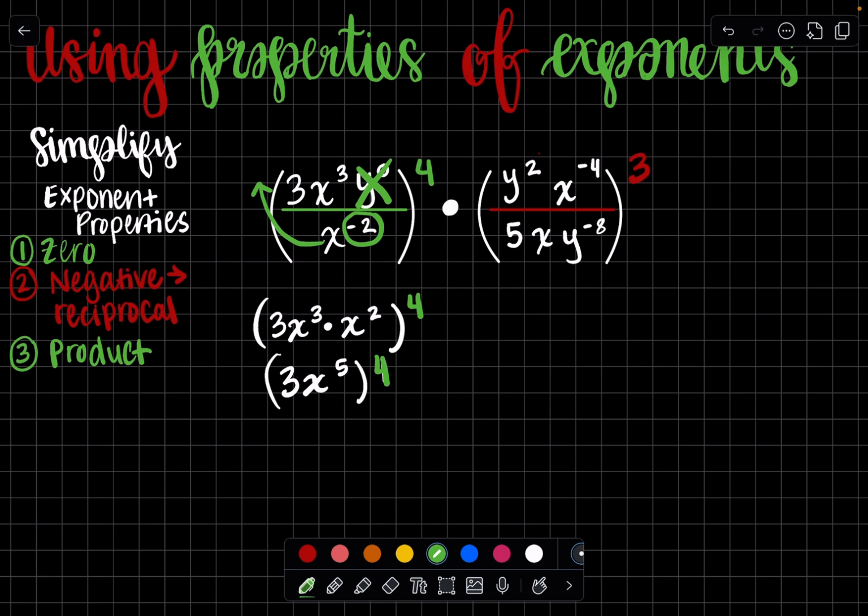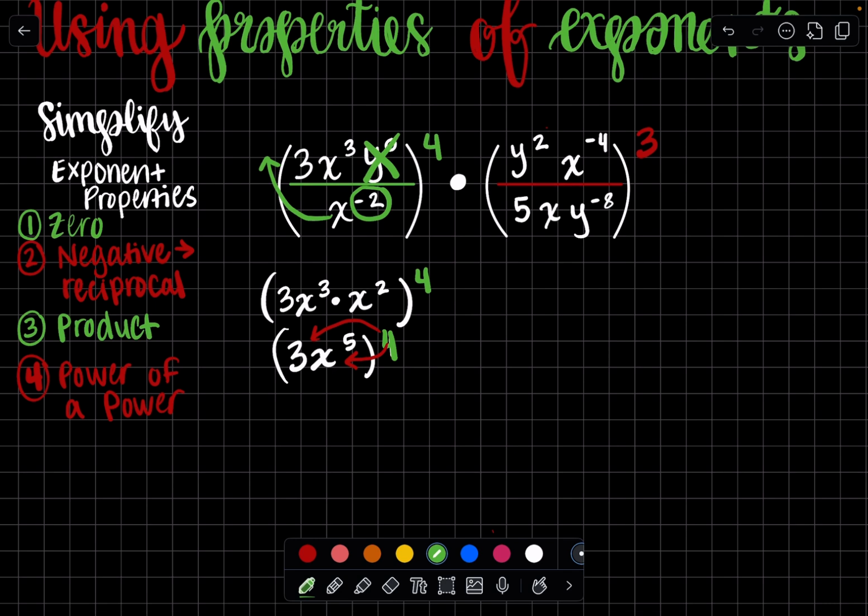Now my final rule for this side is the power of a power rule. That means I must raise everything inside here to the power of 4. This could also be the product of power rule.